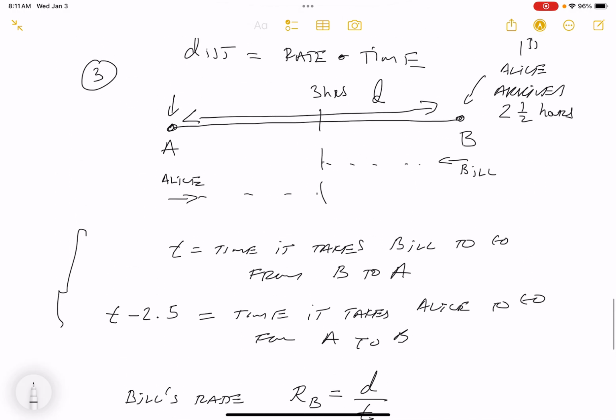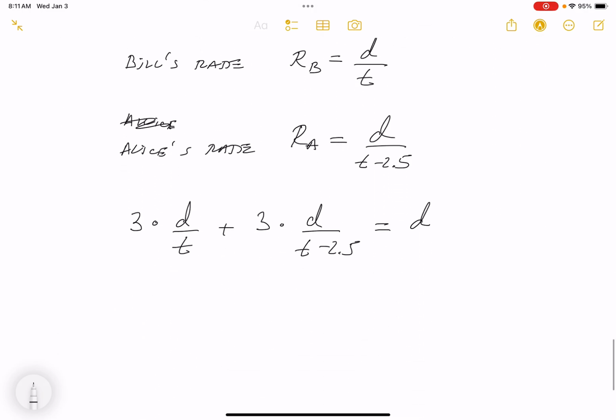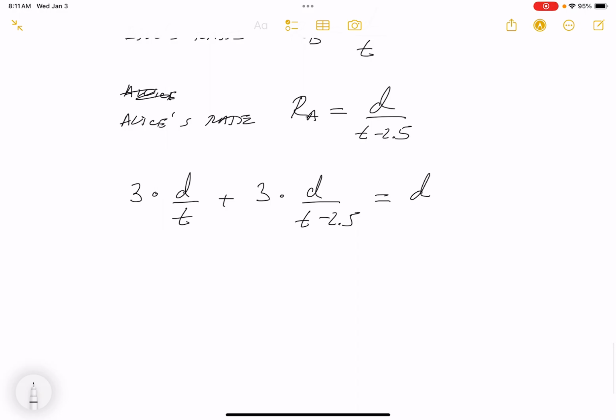In other words, Bill gets here, Alice gets there, they meet each other in 3 hours, they cover the entire distance. Well, this is fortunate now. I'll tell you why. I don't need to know what D is anymore because I'm going to divide both sides by D. And you get 3 over T plus 3 over T minus 2.5 equals 1. I divided both sides by D.